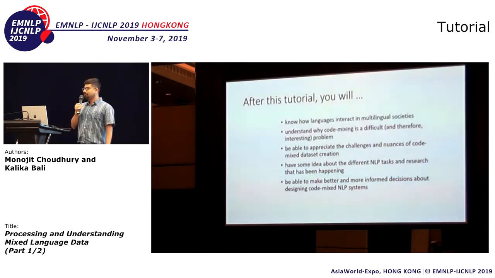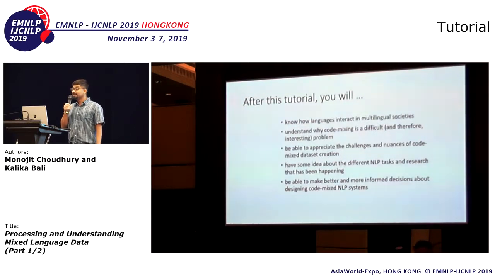Then, to make you understand that code mixing is difficult and therefore an interesting problem for NLP. How is it different from other areas of NLP? And to help you appreciate the challenges and nuances of code mixed dataset creation.